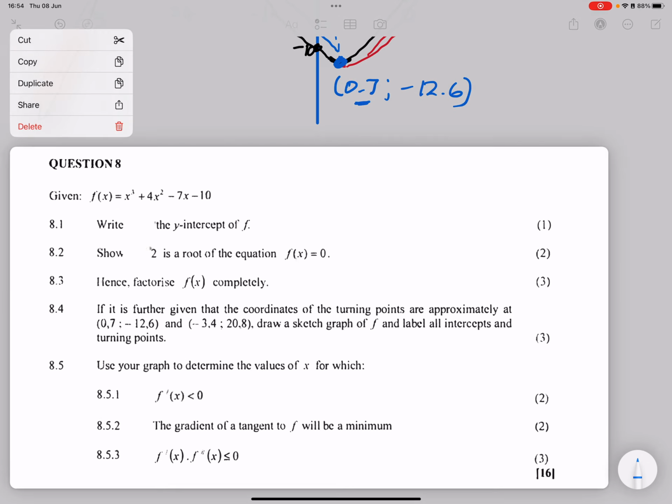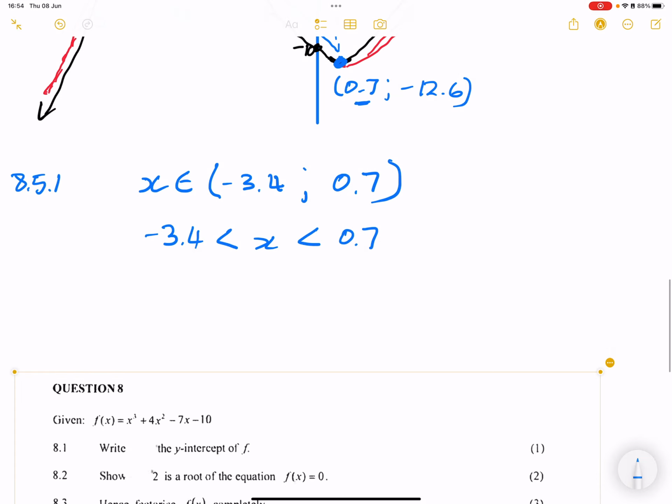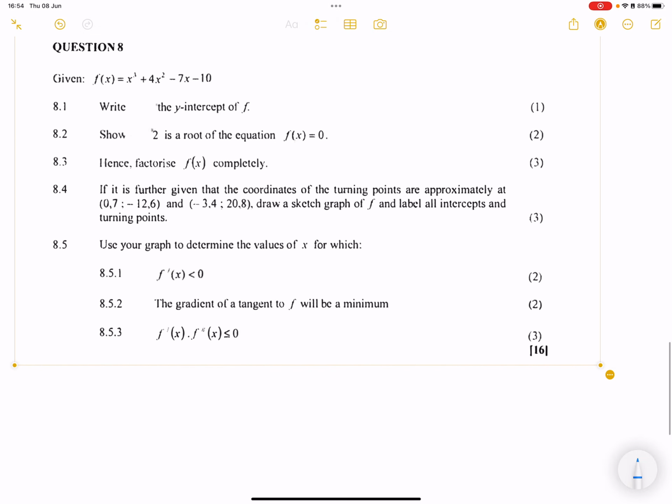Okay, so let's take this one here. They ask us for which values of x the gradient of a tangent of f will be at a minimum. So the gradient of a tangent.